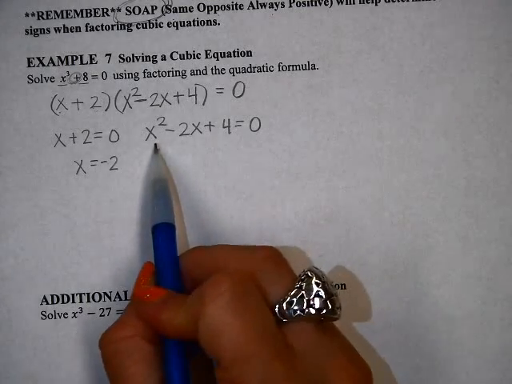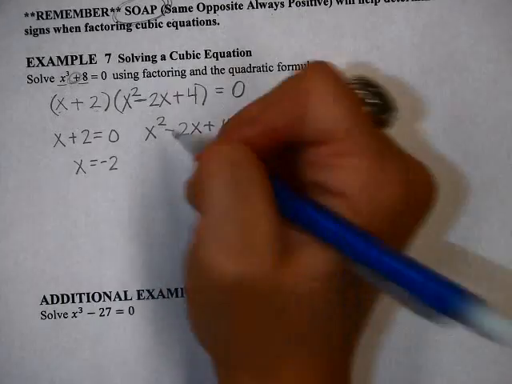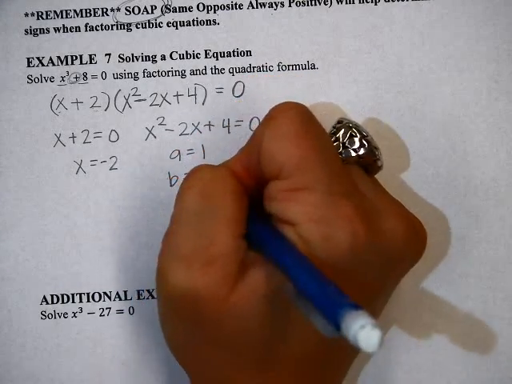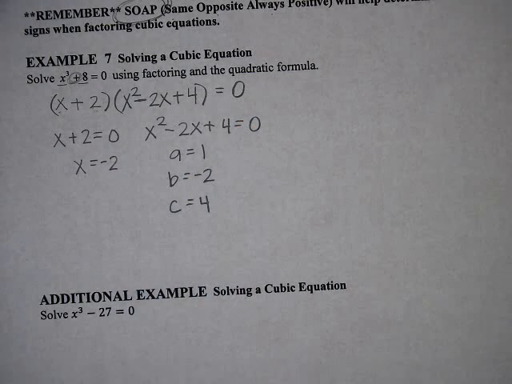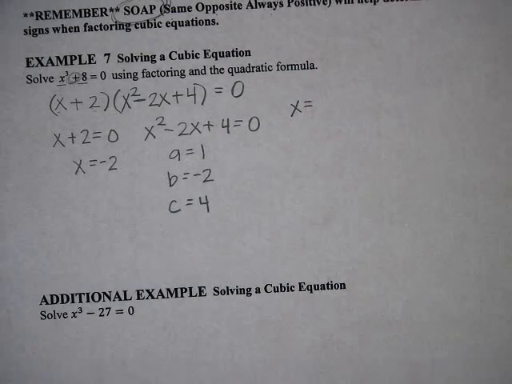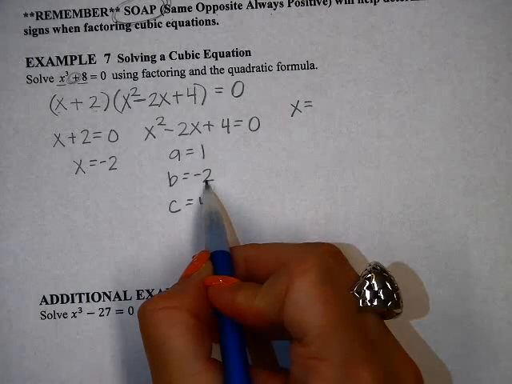So again, we're going to work this second part, x squared minus 2x plus 4, the same way we did in example 5 and 6. So your A is 1, your B is negative 2, and your C is 4. We're going to plug that into our quadratic formula, keeping in mind that the formula starts with negative B, and this is negative 2.